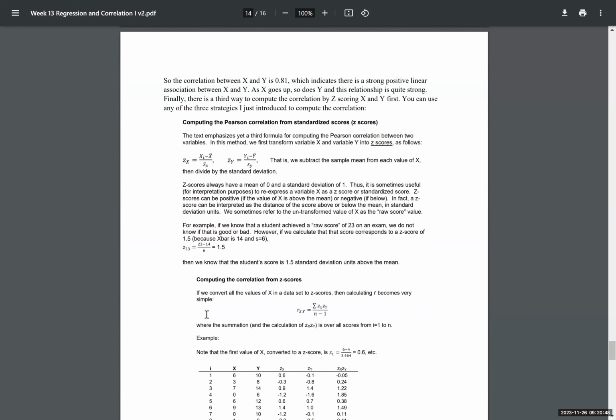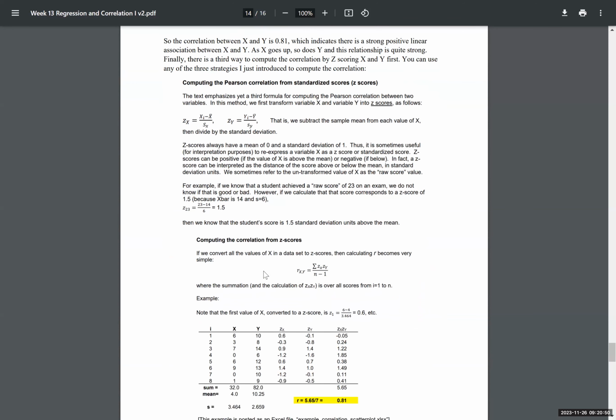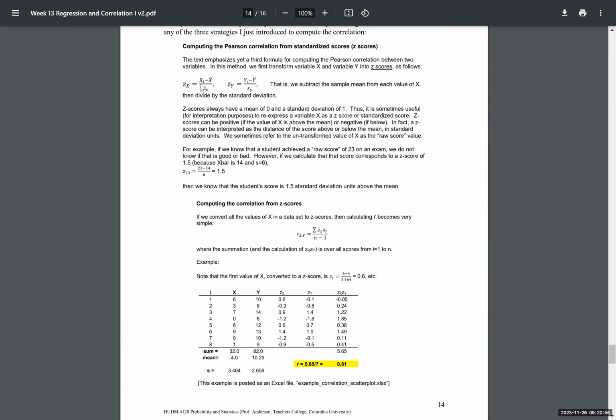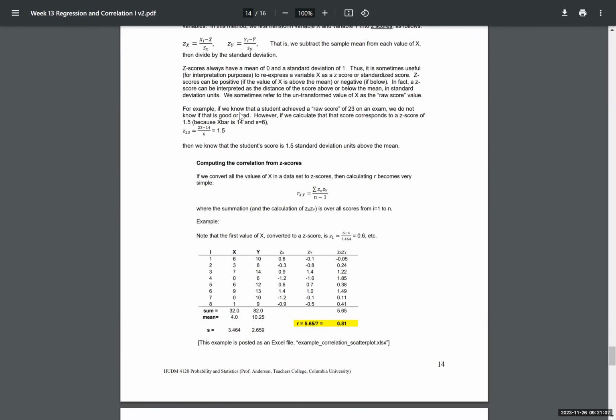Now, there's another way we can do this where we can actually z-score it, and this way is actually pretty easy. So remember, we've studied z-scores in the past. You center the data in the numerator, xi minus x bar, divided by the standard deviation in the denominator. So that is our z-score. This should not be new to us.